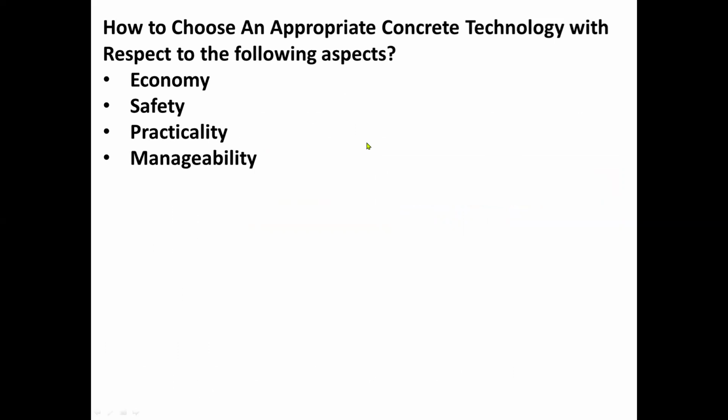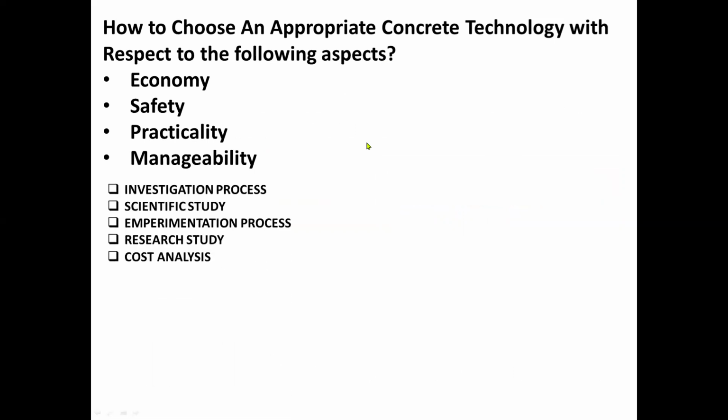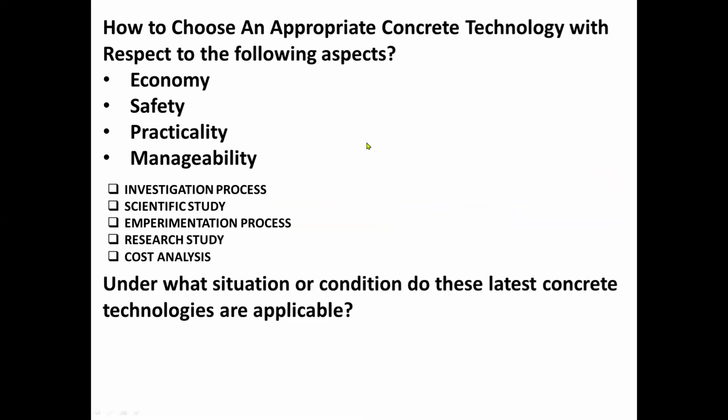How to choose an appropriate concrete technology with respect to the following aspects: economy, safety, practicality, manageability, and of course, we have to do the following process: the investigation process, scientific study, experimentation, research study, and of course, we need to add a cost analysis.